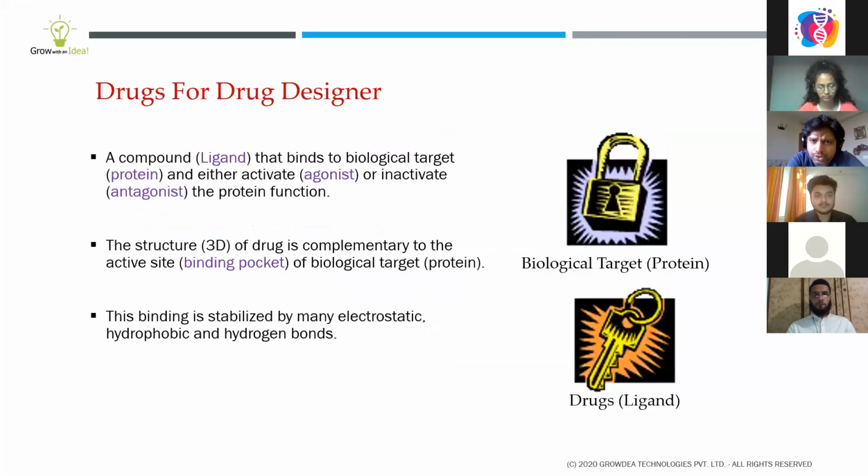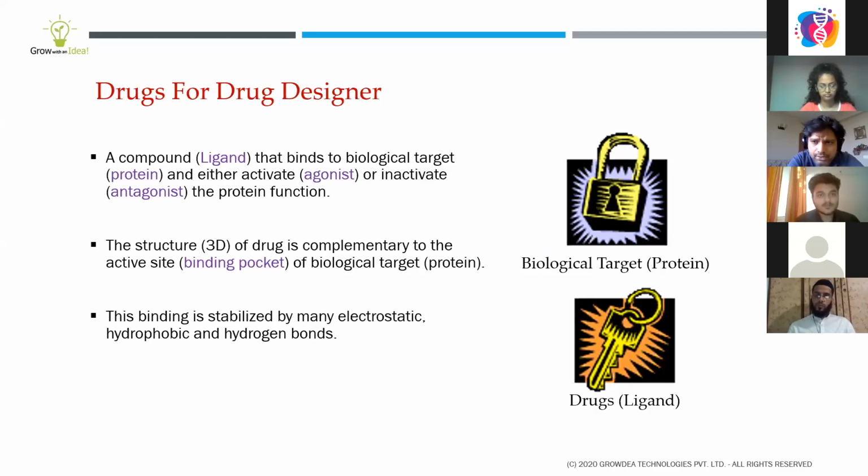For a structural biologist like me, what is a drug? When we say drug, what exactly are we referring to? We are referring to a compound. I'm just reading the first bullet: a compound, which in general we call a ligand, that binds to a biological target.